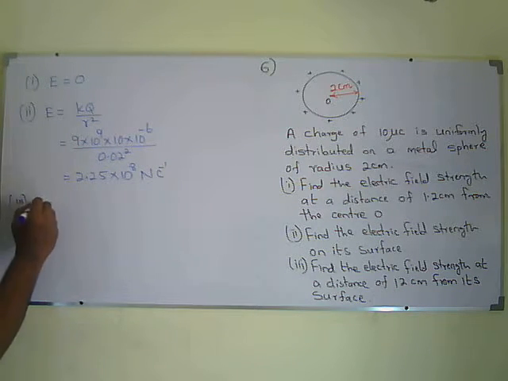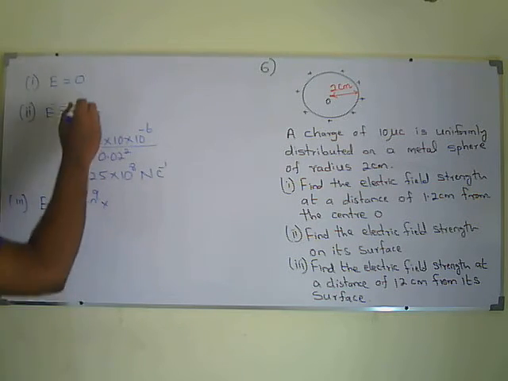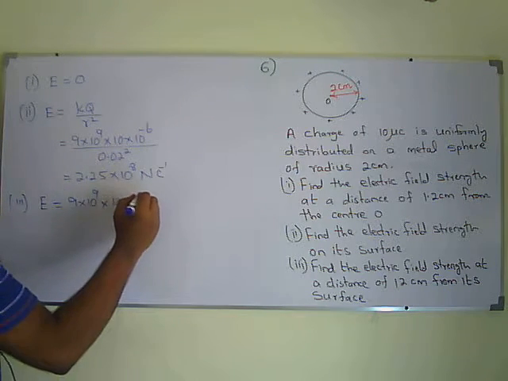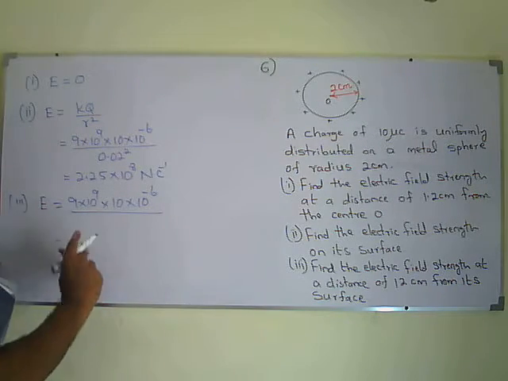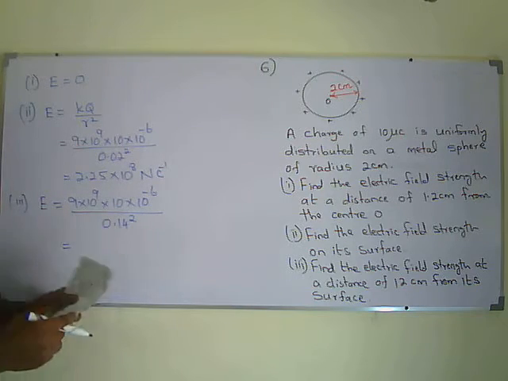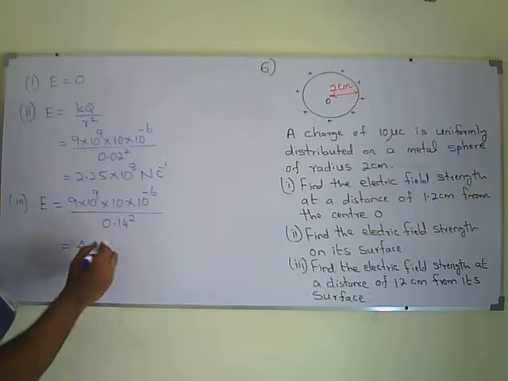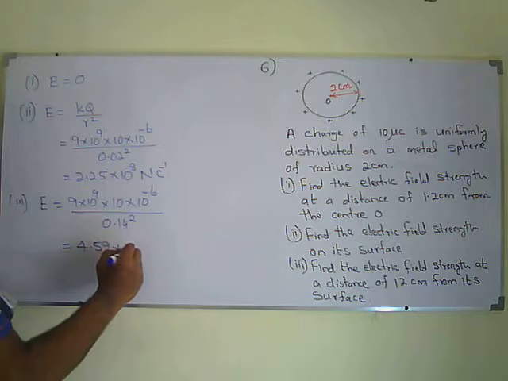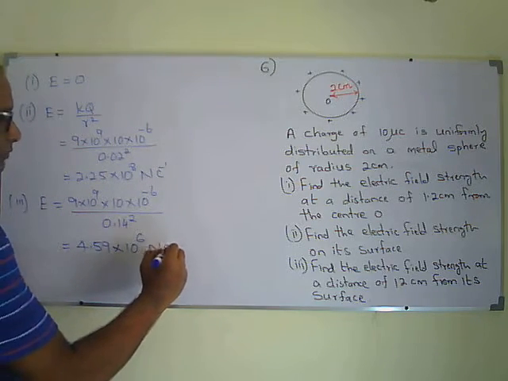E equals 9 into 10 to the power 9, times 10 into 10 to the power minus 6, divided by 0.14 squared. The answer will be 4.59, or we can say 4.60, no big difference, 4.59 into 10 to the power 6 newton per coulomb.